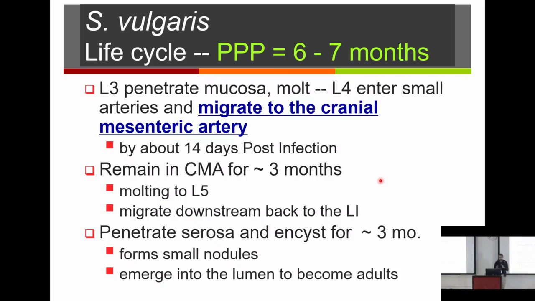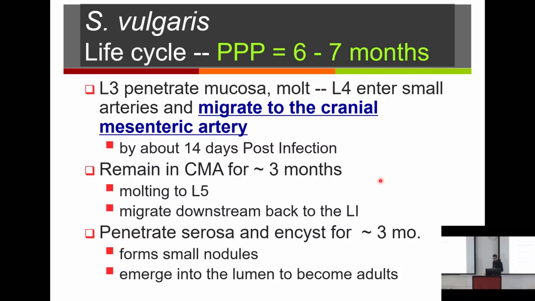L4 stage larvae migrate into the cranial mesenteric arteries, and about 14 days post infection, it will be there and remain there for at least 3 months, where it molts into L5 stage larvae.